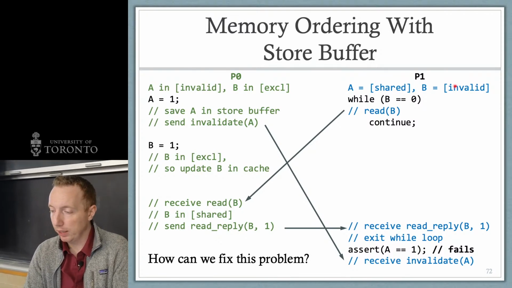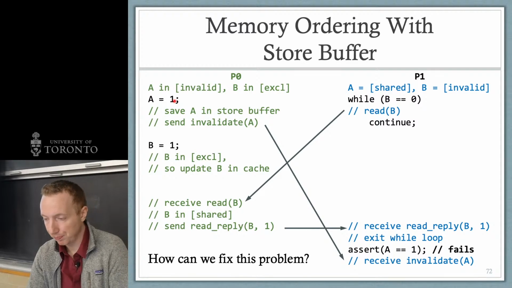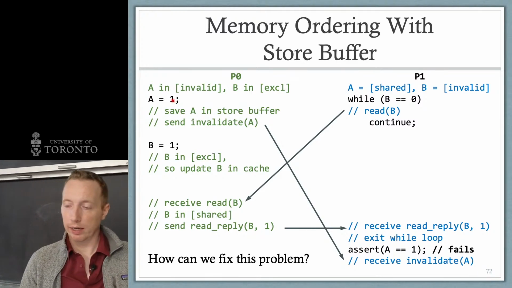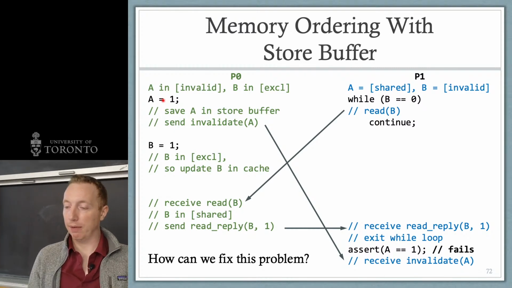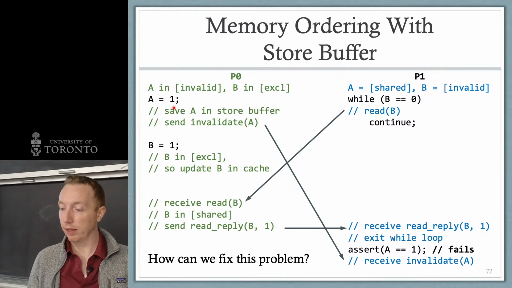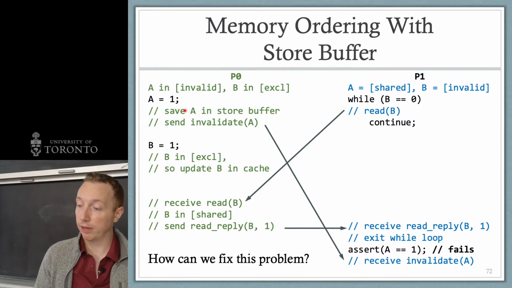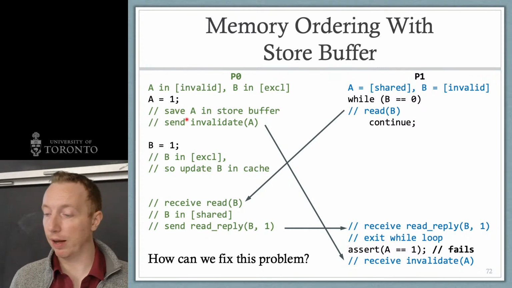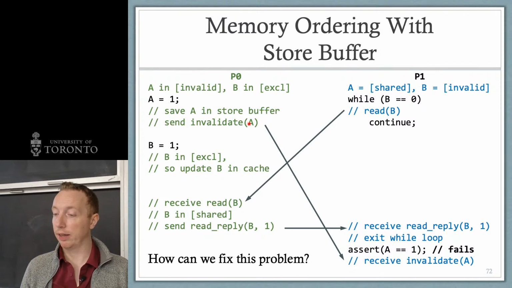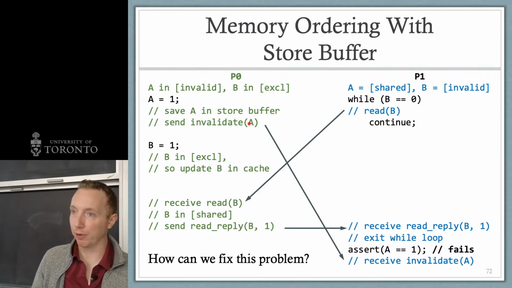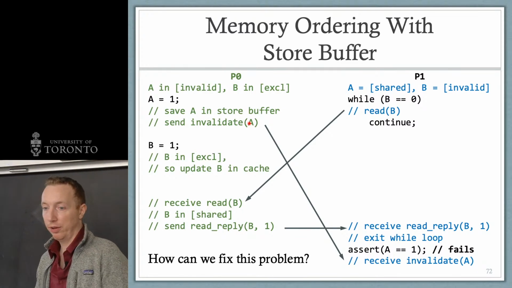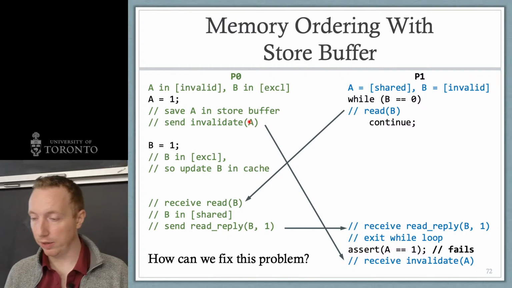And then B is invalid. So if P1, even if it respects program order, actually updates that value of A to 1, it would just save that new value in its buffer and then send that invalidate request. And here it doesn't wait for a response for that invalidate request to come back. So it just merrily continues around.